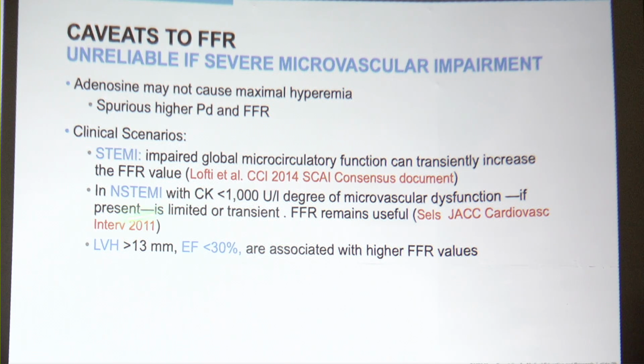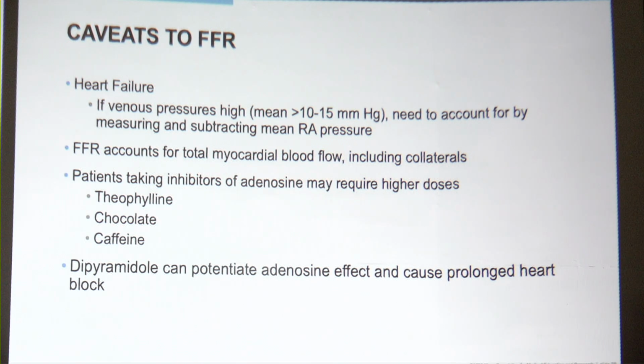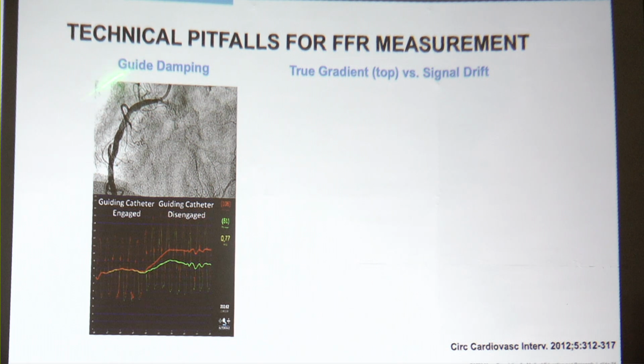The same is true for non-STEMIs, severe structural heart disease, and heart failure, as we mentioned earlier, with the issue of right heart pressures, which can all give you spurious results with physiology. Even remember that things like diet, theophylline, and caffeine can act as an adenosine antagonist and fail to cause microvascular dilation. This is technically a very important thing, guide damping.